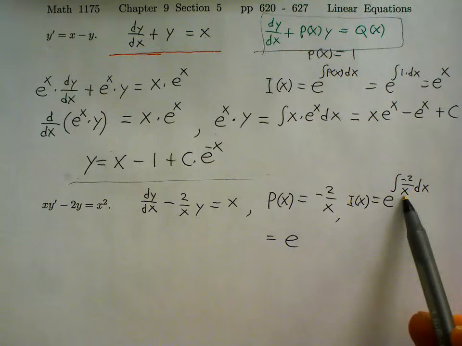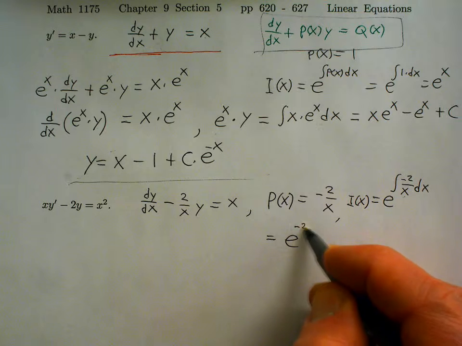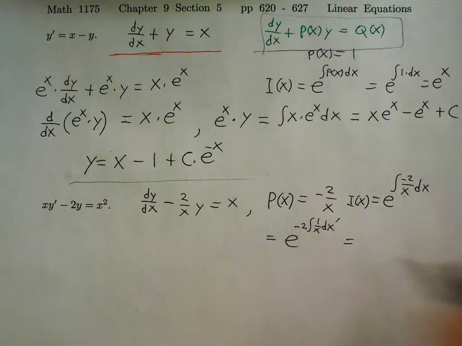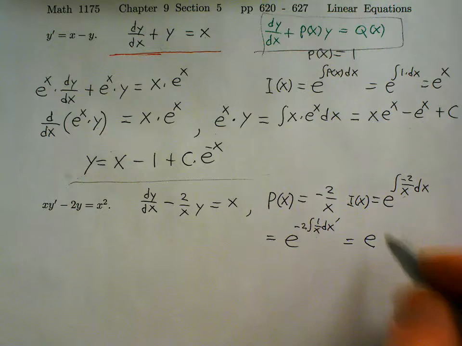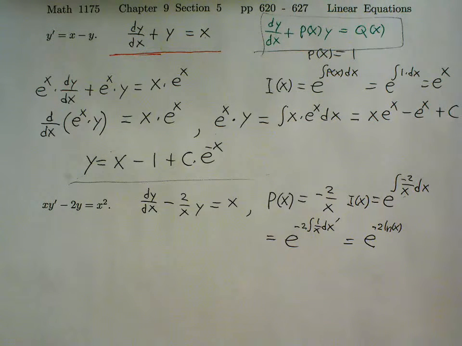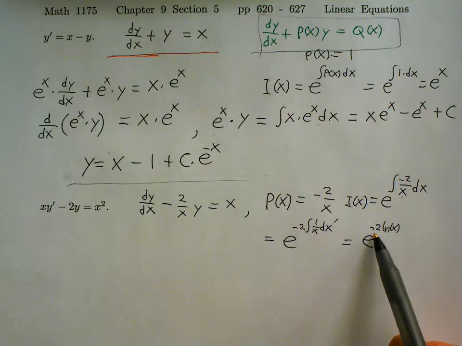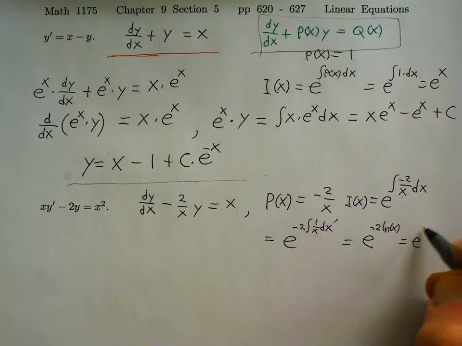Okay, so in the exponent, we have the integral of negative 2 over x. We can write that as negative 2 times the integral of 1 over x dx. And the integral of 1 over x dx is the natural log of x. So this becomes negative 2 times the natural log of x. Using properties of logarithms, negative 2 times the natural log of x is the natural log of x to the negative 2.